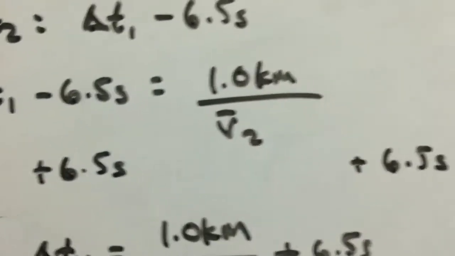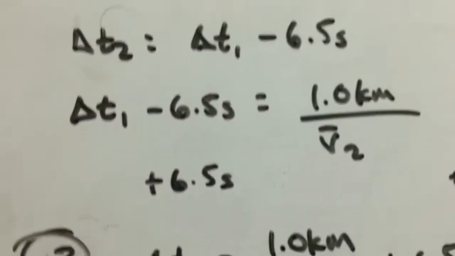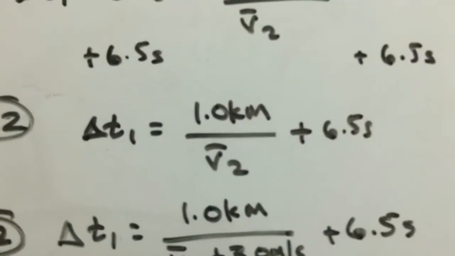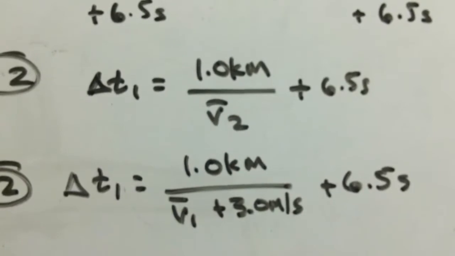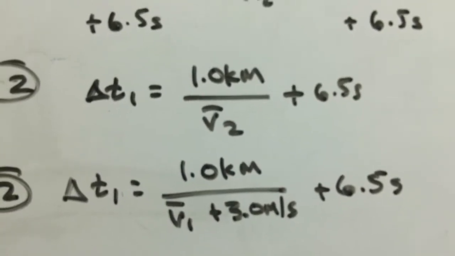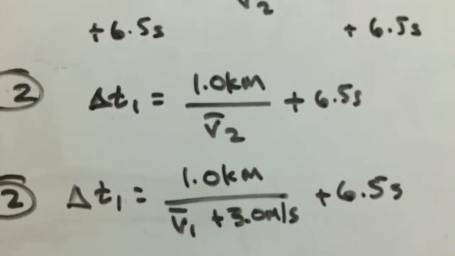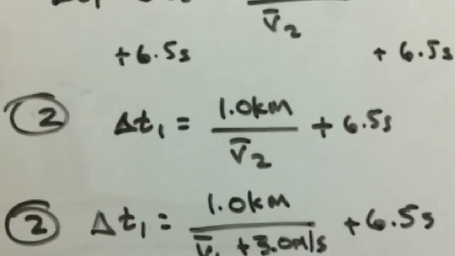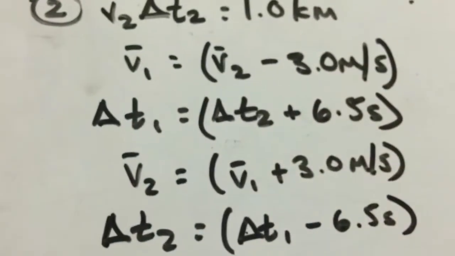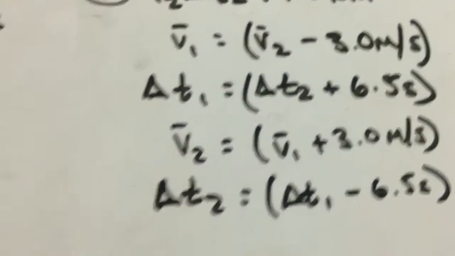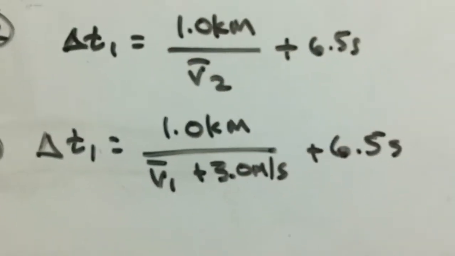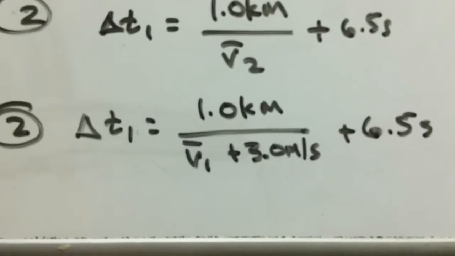We're going to add 6.5 seconds to each side, and we're going to have delta T1 equal to 1 kilometer over V2 plus 6.5 seconds. Now we're going to take out V2 and write it in terms of V1. So we have this equation, okay?